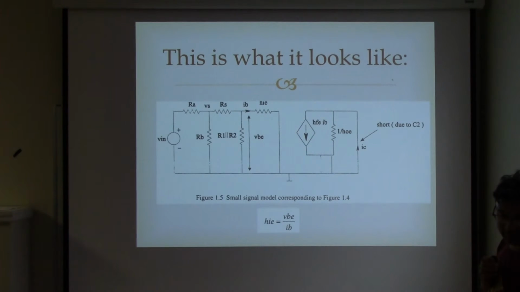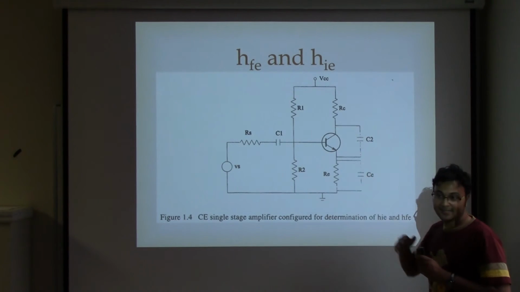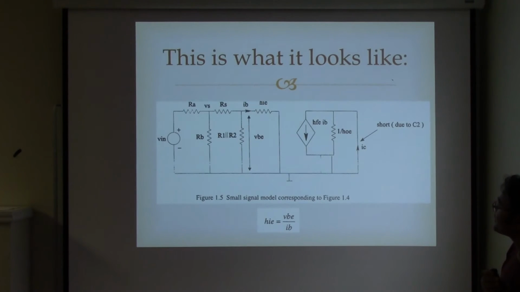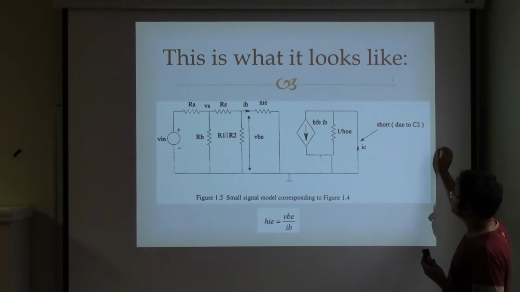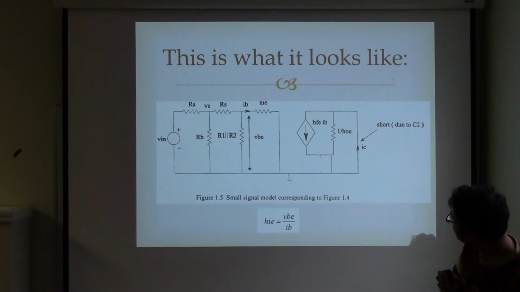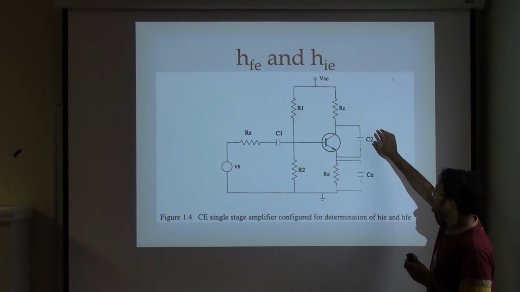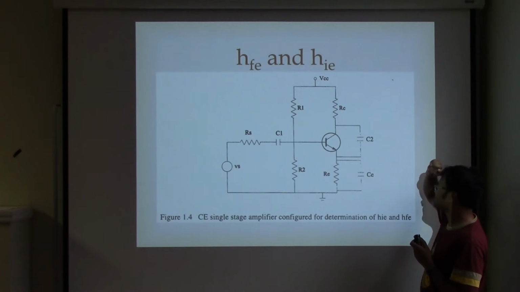And this is what it looks like. Figure 1.4 was this. So this is the circuit, and when we build the H parameter equivalent, it will be something like this. This is really complicated, and I just went blank, and now I remember. There is a capacitor C2, and I was thinking, what is the C2?